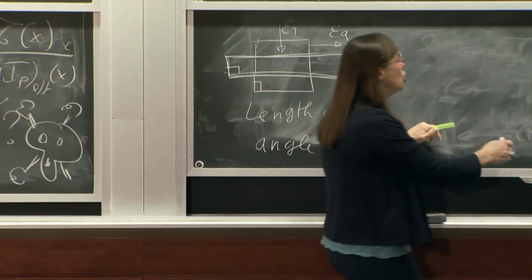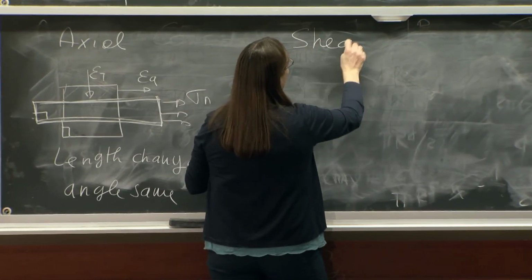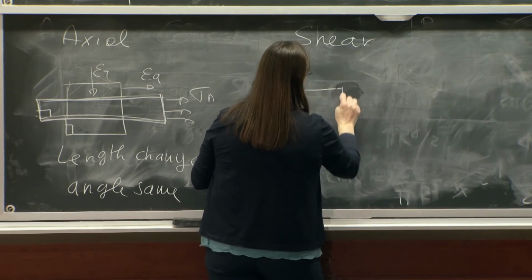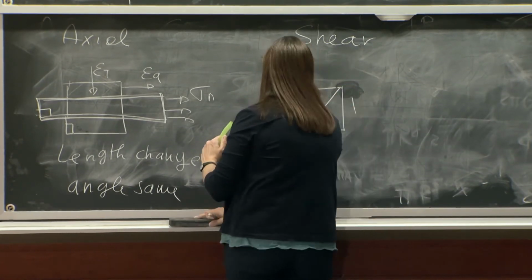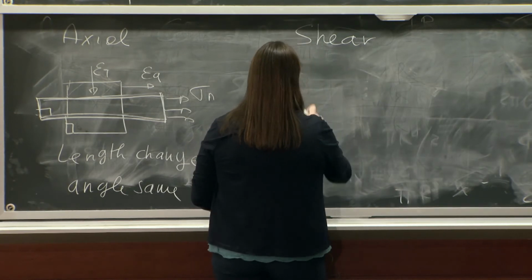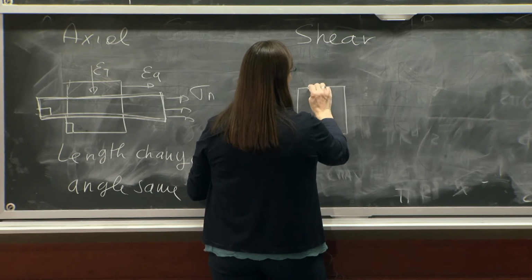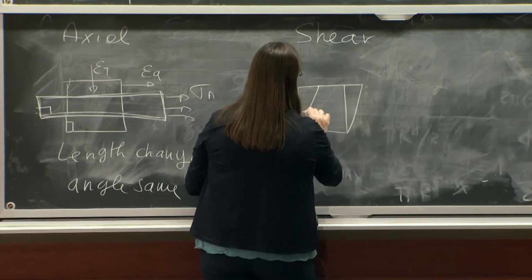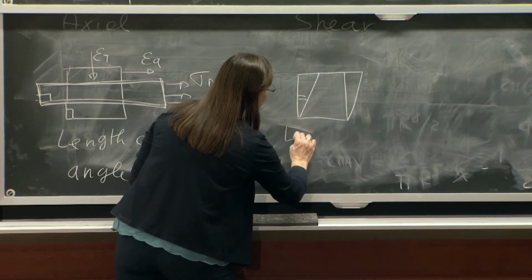And then we did shear and torsion. So this is axial. Then we did shear and torsion. And in shear, we had something that looked like this. And we said, OK, we shear it, exaggerating a little too much. We had something that looked like that, remember our block, and we sheared it by a certain angle. And so see, the length remained the same.